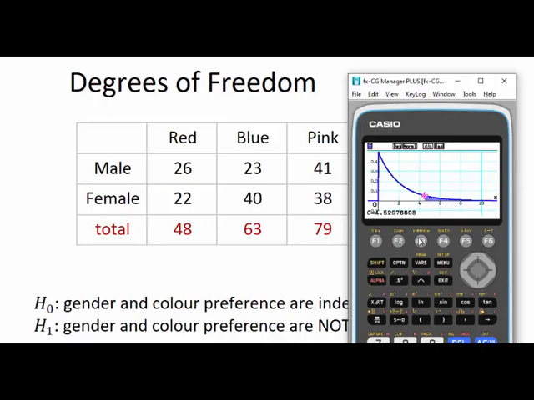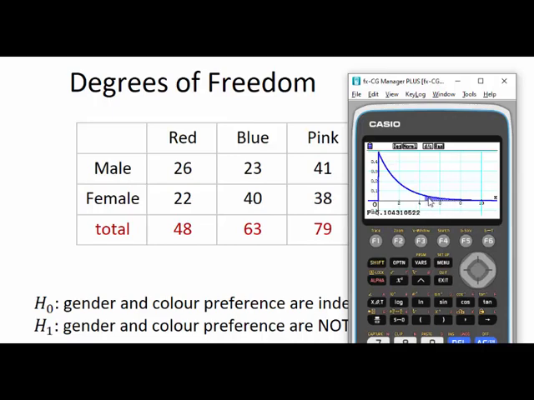And if I just draw it again, it'll offer me the p-value. The p-value is 10%, so this is 10.4% here. So in all different degrees of freedom 2 tables, every possible sample you could imagine that has 2 degrees of freedom have been plotted in this chi-squared curve. And we're in the top 10.4% of them.